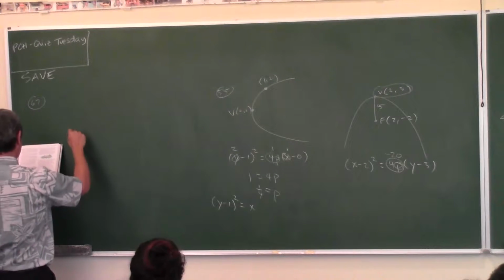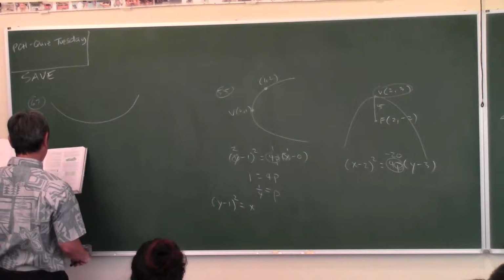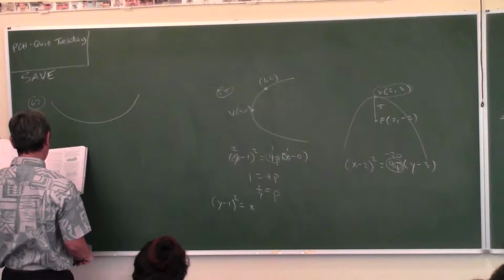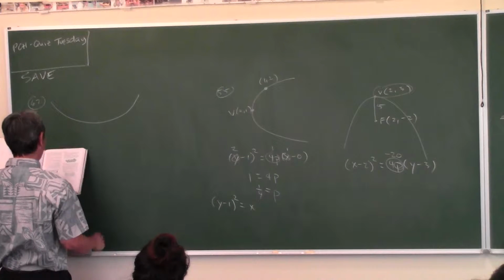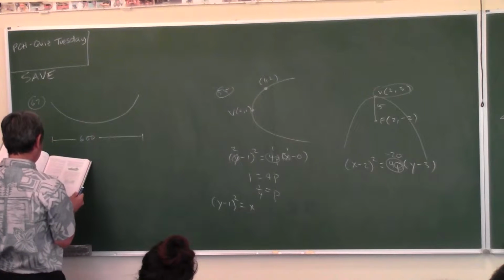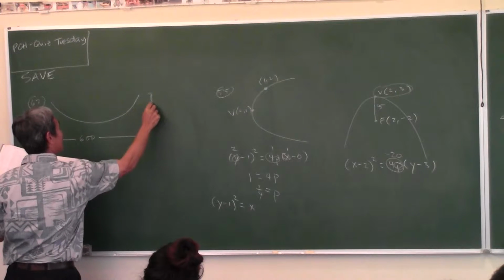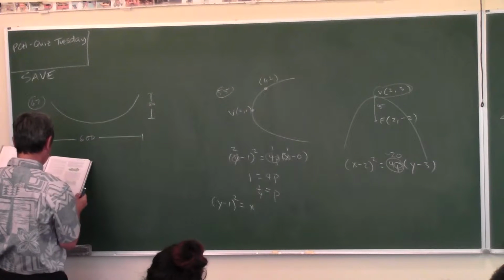So you have a suspension bridge like this in the shape of a parabola. The towers supporting the cable are 600 feet apart, so this is 600 feet, and 80 feet high. So this is 80 feet high, like that.